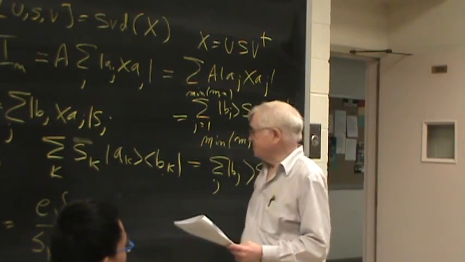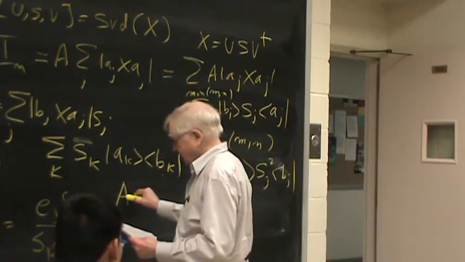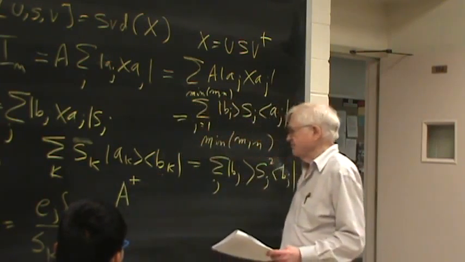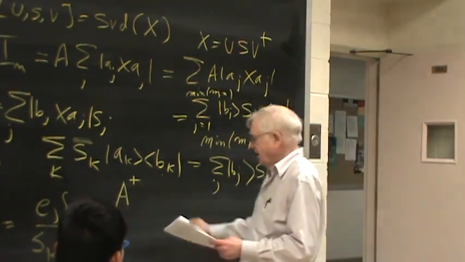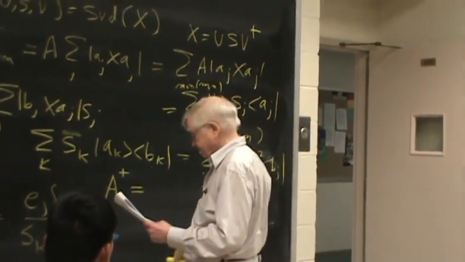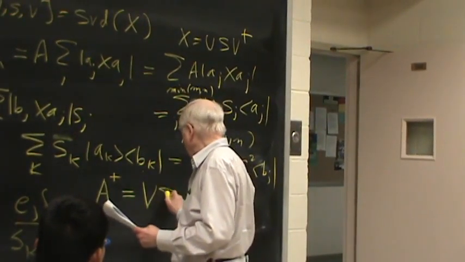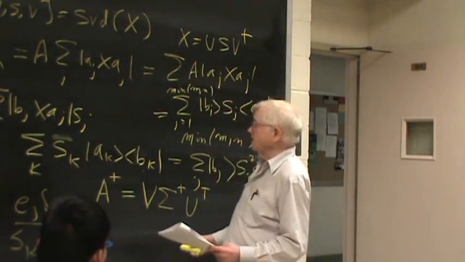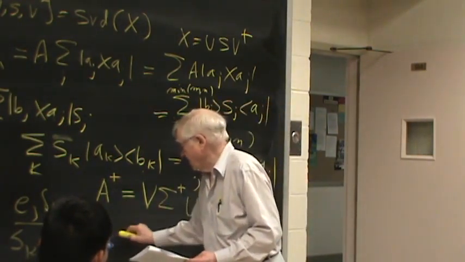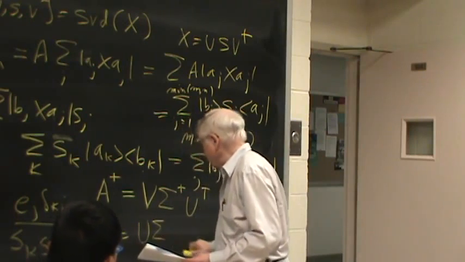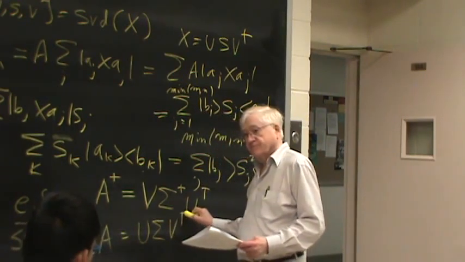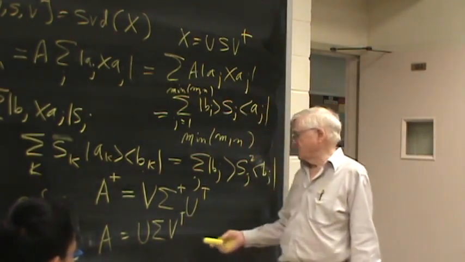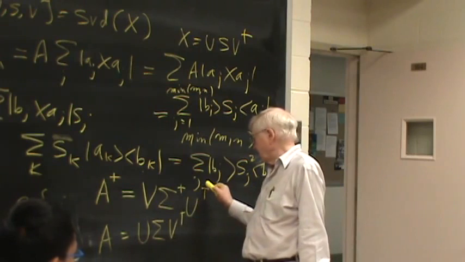And that is what's called the Moore-Penrose inverse, and it's written as A plus. It is simply V sigma plus U dagger. So if A has a singular value decomposition U sigma V dagger, then the pseudo-inverse is V sigma plus U dagger.